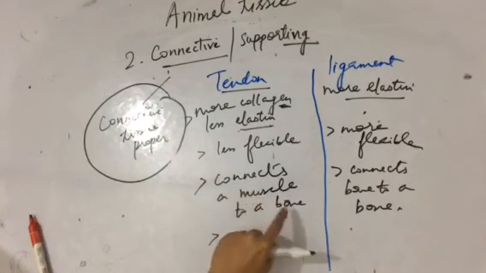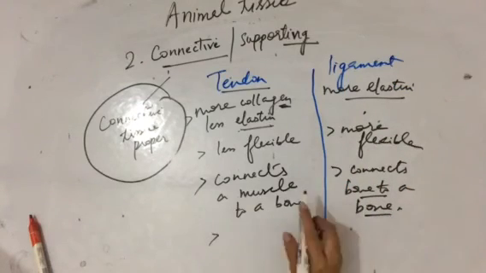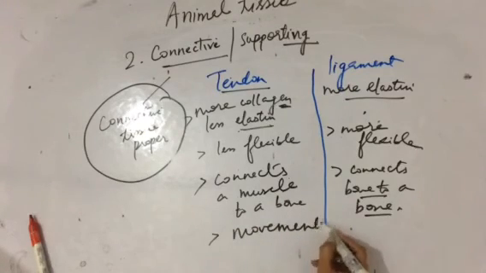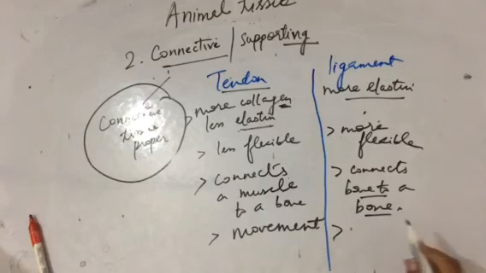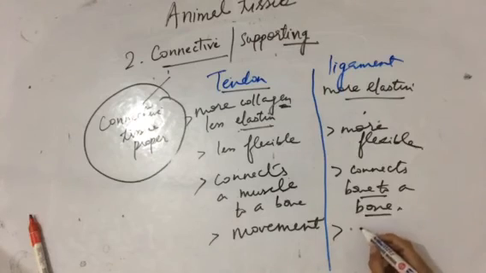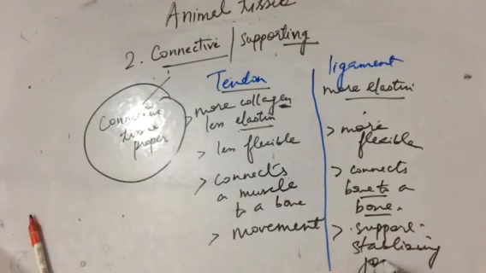Tendon is linking a muscle with a bone, while the ligament is connecting bone with a bone. So if it is connecting muscle to a bone, that means it is helping in movement. And if it is connecting a bone to a bone, that means it is supporting the joints. It is stabilizing the joints. It is not helping in movement, but it is helping in keeping the bones in their places. Okay, it is helping in support, or you can add the word stabilize.